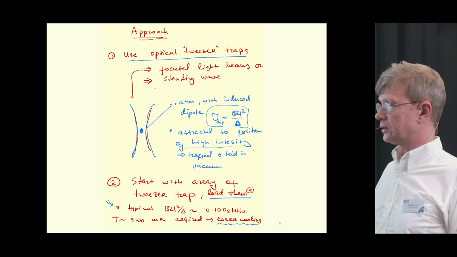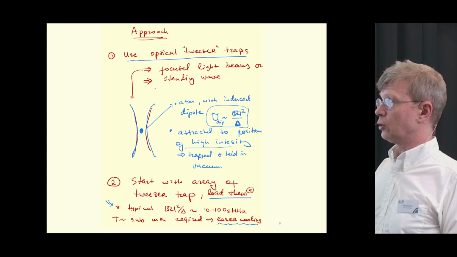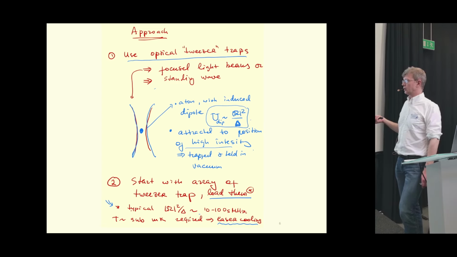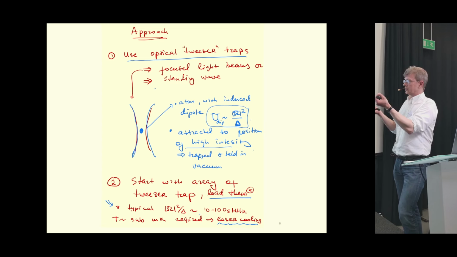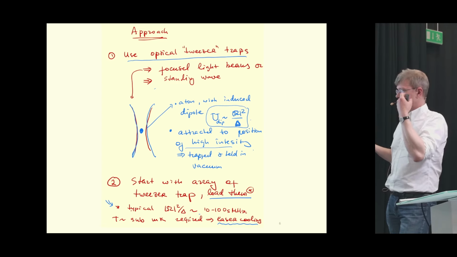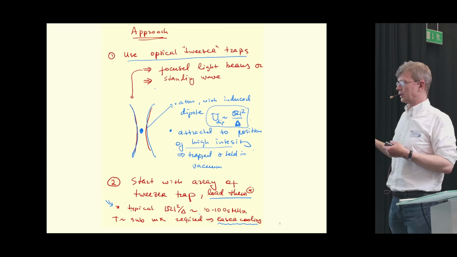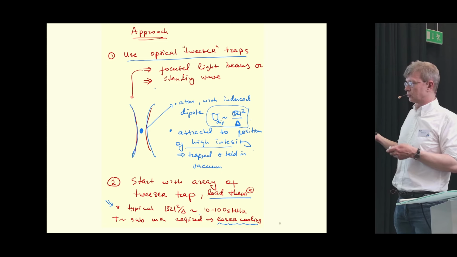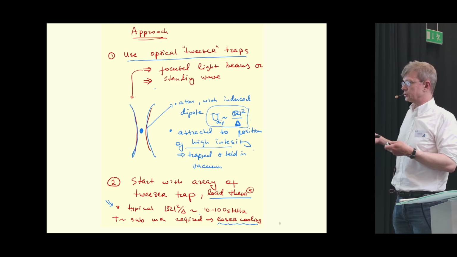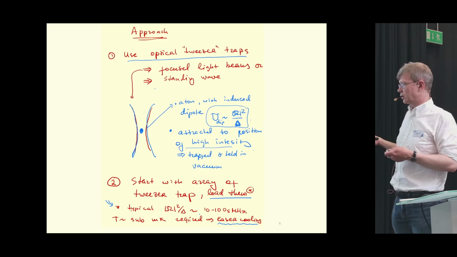One issue is that typically the depth of this trap is not very large. In frequency units it's maybe tens or hundreds of megahertz. What it really means is that in order to trap an atom and keep it there, you need the atoms to be cold, and cooling to millikelvin or sub-millikelvin temperatures is required.